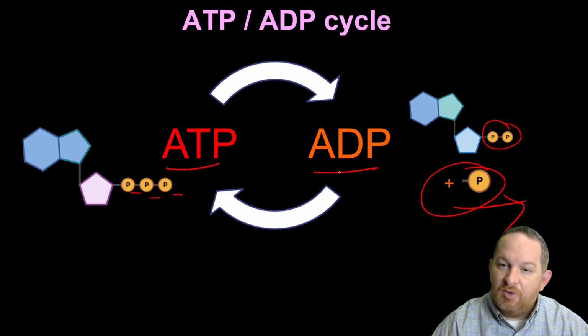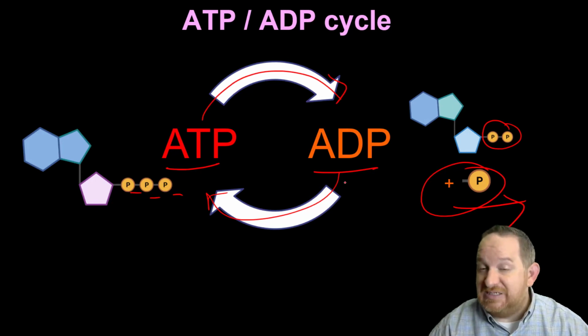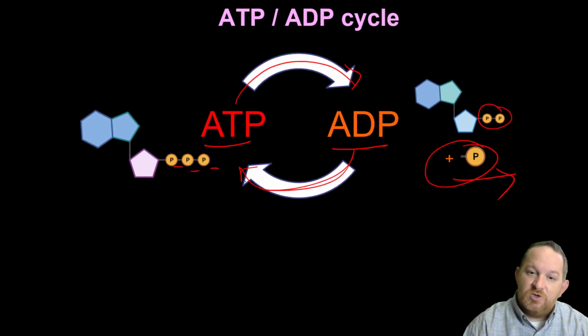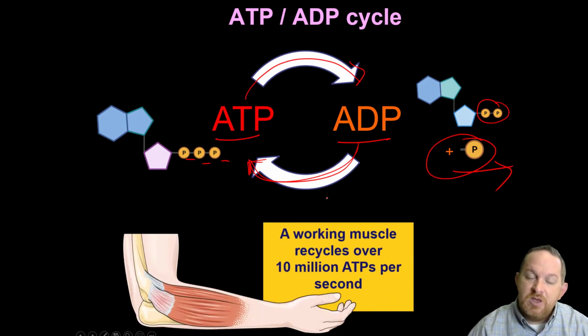Well, we need to go back and regenerate, make more ATP, so that ATP can be used to do some things in the cell. Then that ATP will again need to be regenerated, and the cycle continues. This is an important cycle because if you think about a working muscle, a muscle that you're using actively, it actually requires and recycles about 10 million ATPs per second.